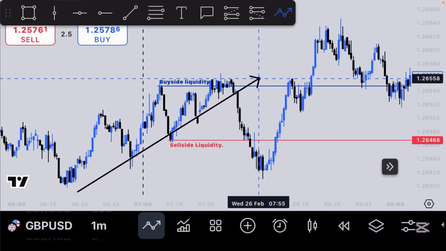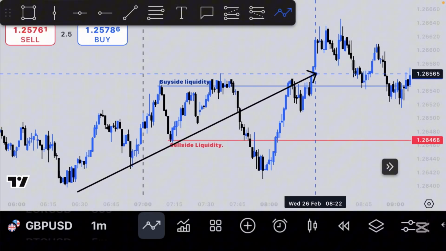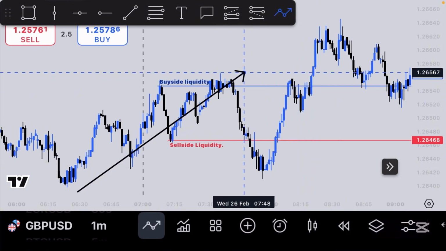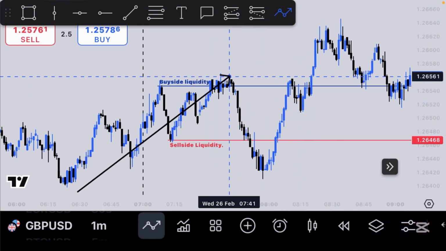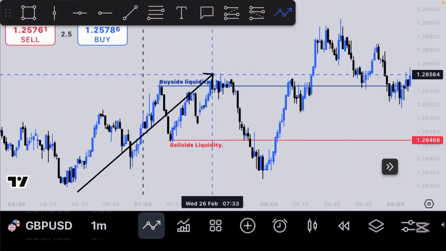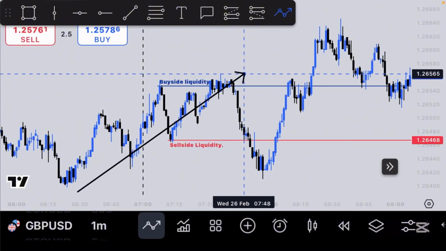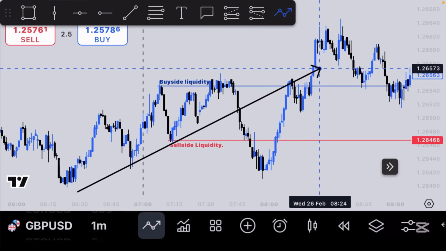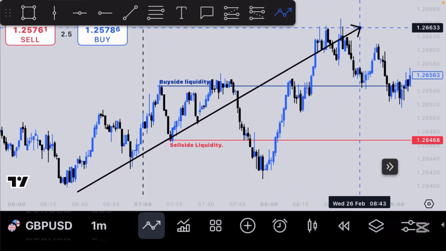You can see how nicely when it is taking that high, you can see how fast it takes it, because liquidity is resting right above here. That's all their buy stops resting here. So this is just a quick one for the psychology behind this model, and it will keep going higher and higher and higher and higher.